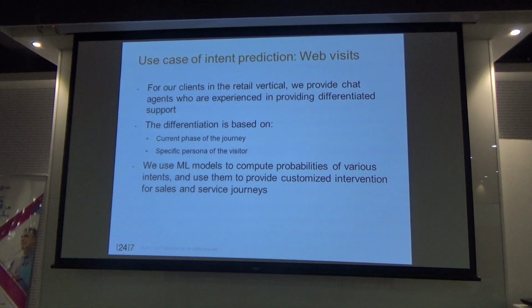The differentiation can be based on the current phase of the journey. Think of your last shopping experience on Amazon or Flipkart, right? You land at a specific page, maybe starting from Google. You look for a product, then go through a small research session. You look at multiple products, then select a product, put it into a cart, and check out.